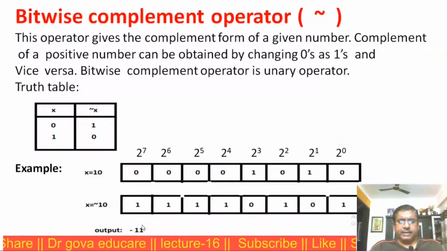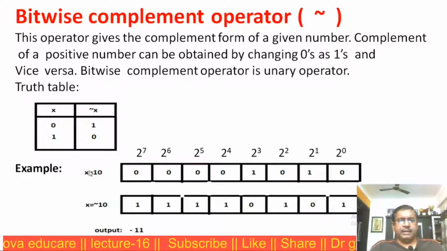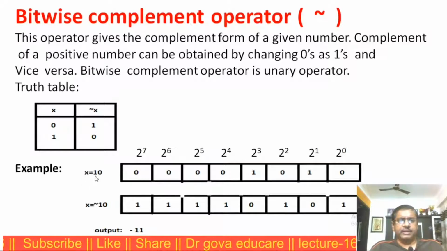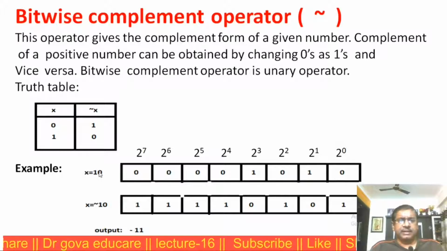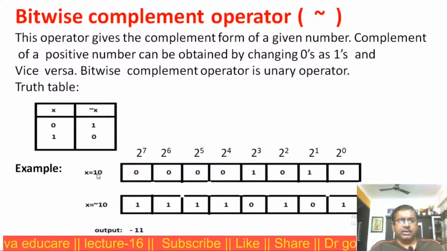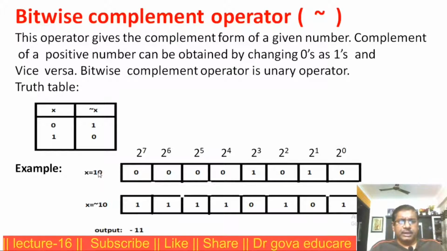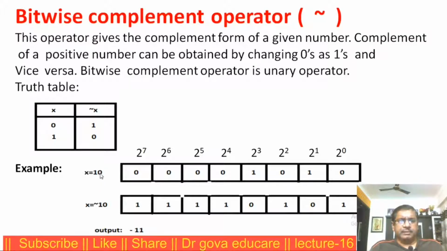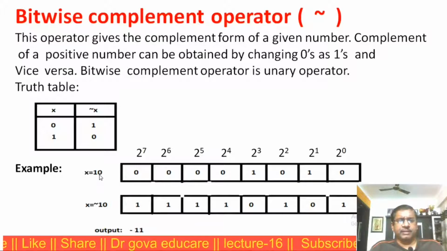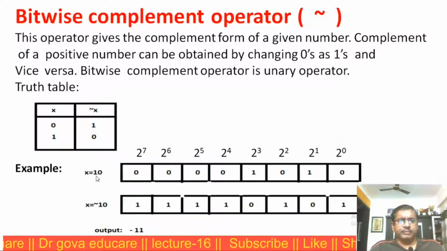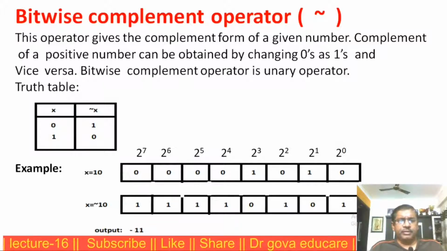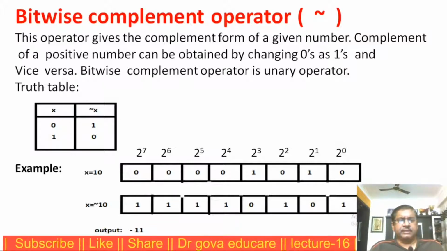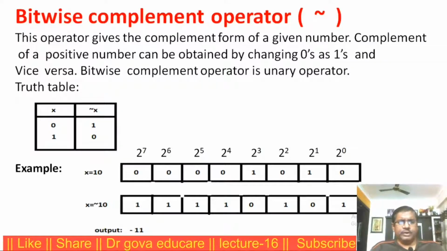Now minus 11. In general, x is equal to n. The complement of n is minus n plus 1. That is, x is equal to 10. The complement of 10 is minus 10 minus 1, that is minus 11. Similarly, another example, x is equal to 13. The complement of 13 is equal to minus 14.